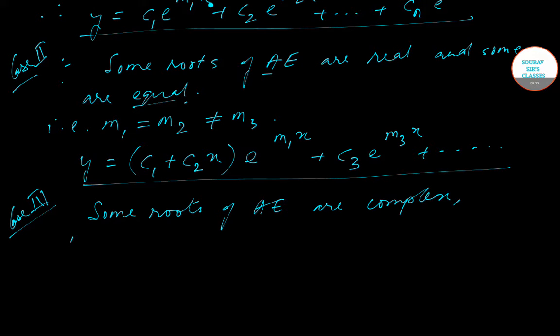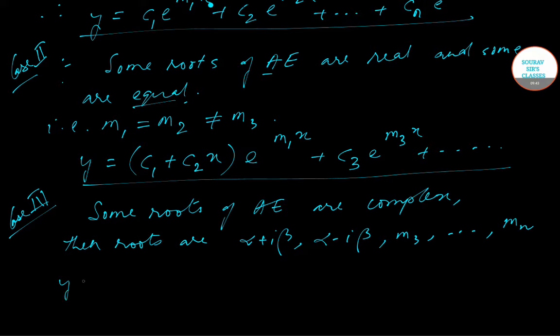So basically then, the roots are, we can write, alpha plus i beta, then we can have alpha minus i beta, then we can have the other roots m3 up till mn.